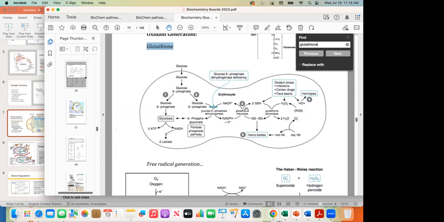We only have these able to turn if we have adequate NADPH. So if we stop this process here, this won't turn, meaning this won't turn, meaning that we'll keep these reactive oxidative species building up within our red blood cell, which will cause the red blood cell to lyse. Did that answer it?